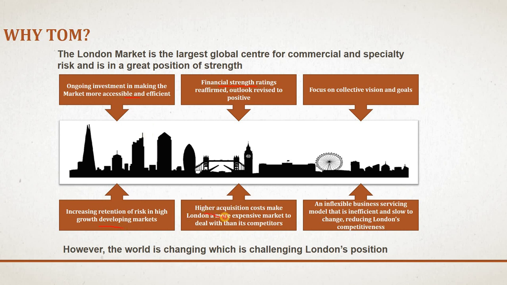They also have a higher acquisition cost, which makes the London market more expensive because of its existing processes. And they have a very old, inflexible business services model that is insufficient and slow to change, reducing London's competitive advantage compared to the rest of the market. These are a few fundamental challenges that the LMA wants to address, and that's the reason they want a TOM in place, so that they can address these challenges and stay on top of the global insurance and reinsurance marketplace.